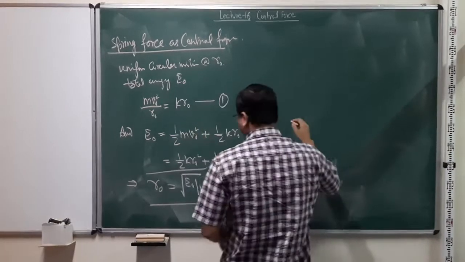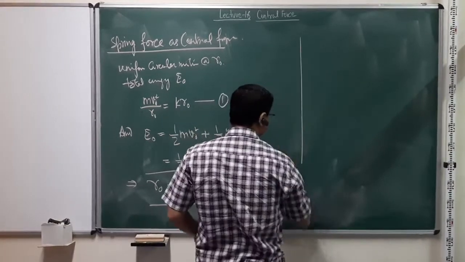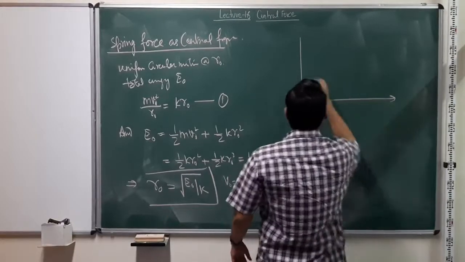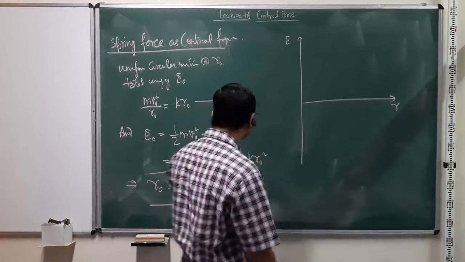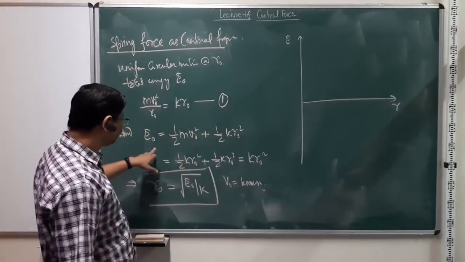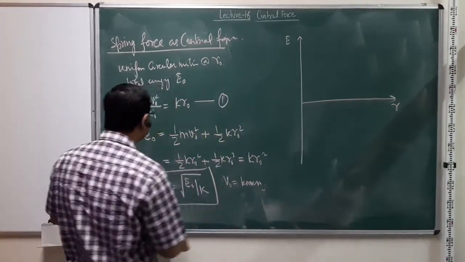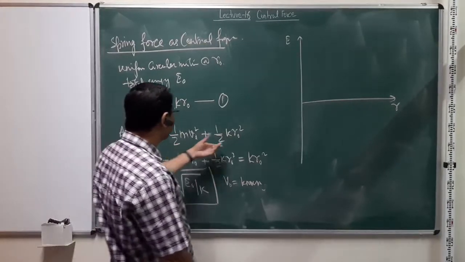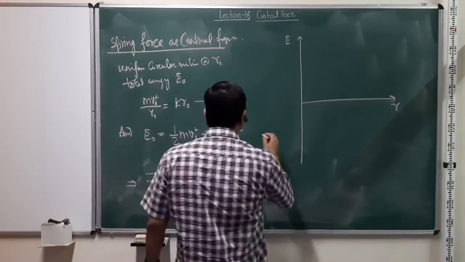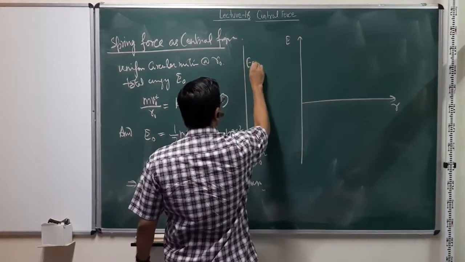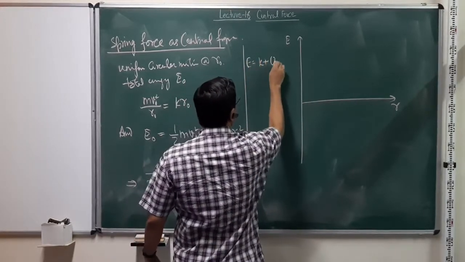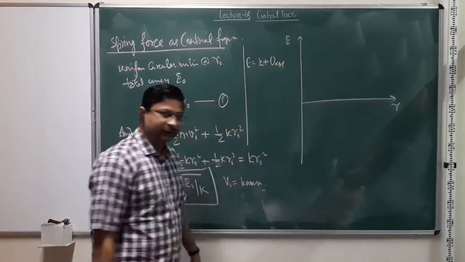So now what is the energy diagram? We start with the energy scale and R. Energy is constant, so we need to write down the total energy, and we know that the total energy for these systems is E equal to kinetic energy plus the effective potential energy, right?